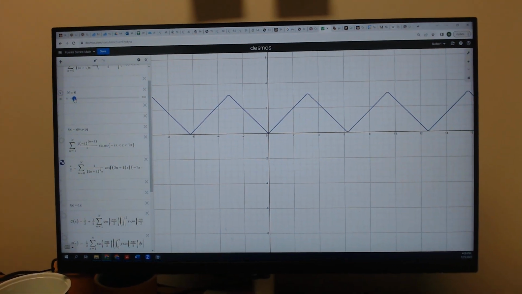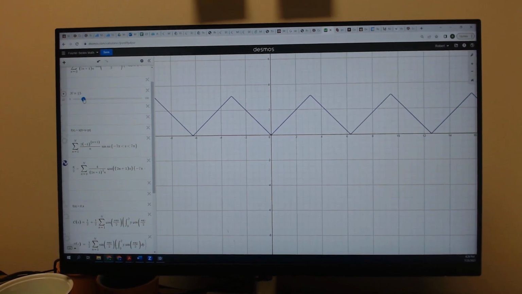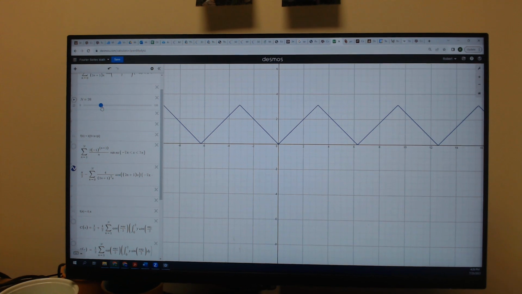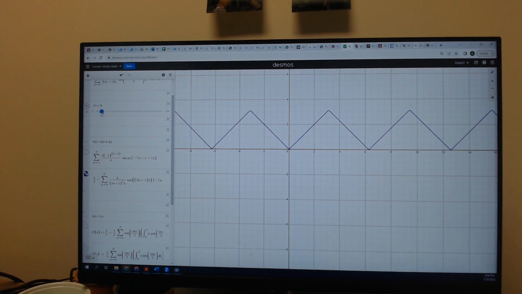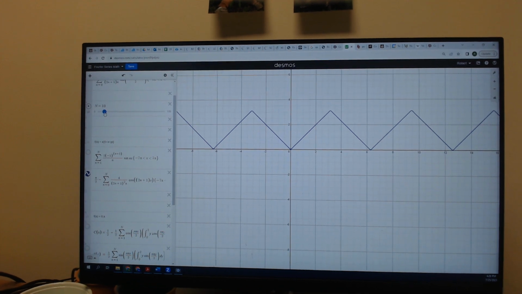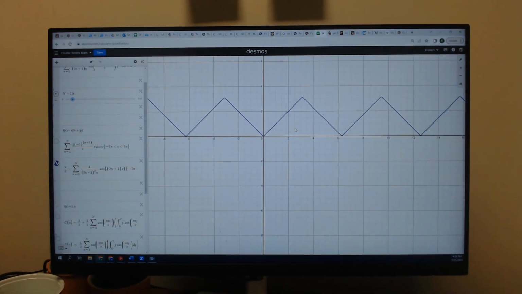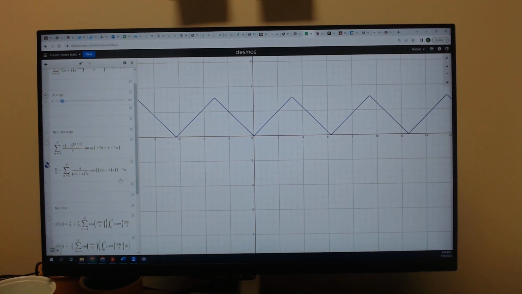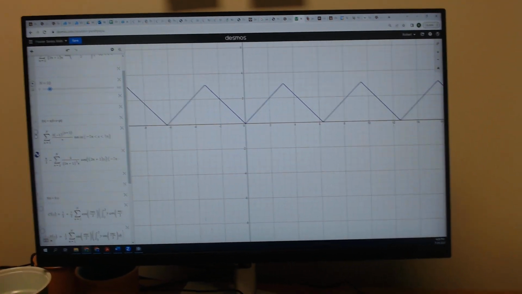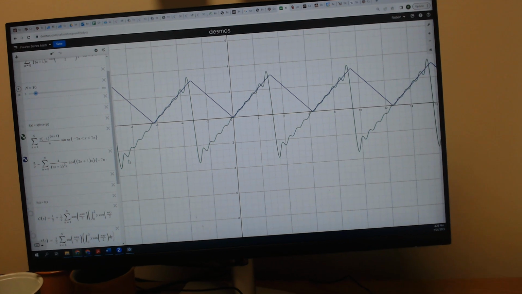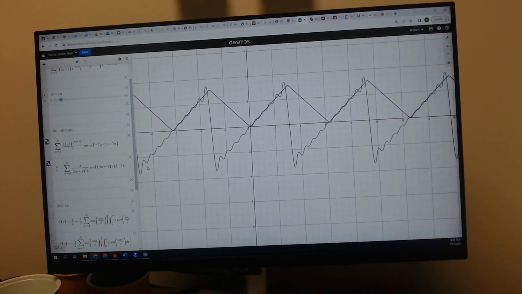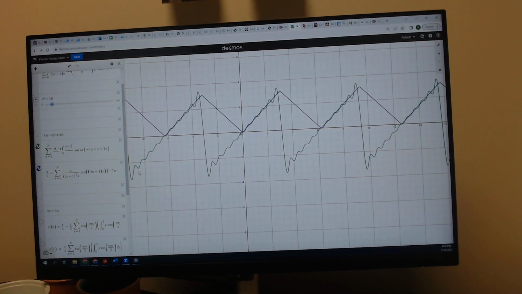So the point is, we have a very good approximation. Let me get up to n equal to 10. This is a very good approximation for cosine, and we've only taken 10 terms. Now let's look at sine. Sine is still not a very good approximation, at least compared to cosine.